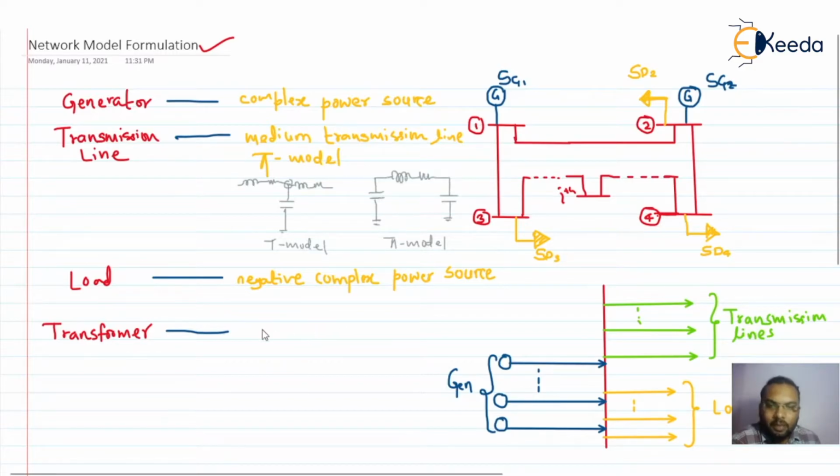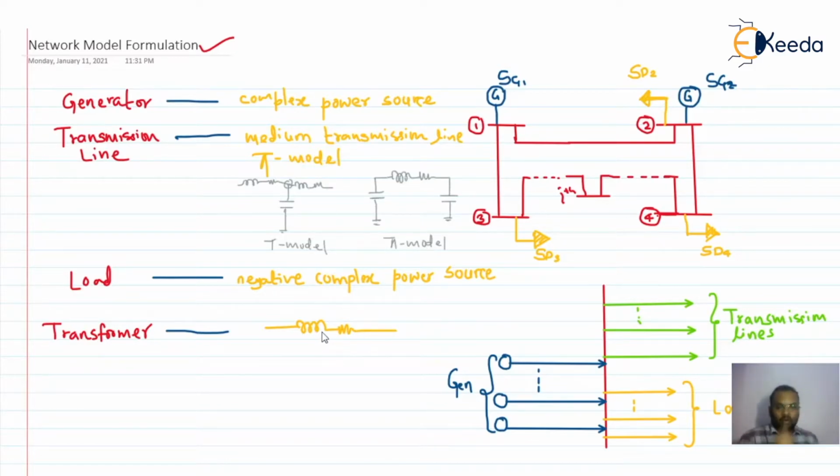It can be replaced by a simple series impedance. Sometimes we represent it only with a reactance because the value of the resistance compared to the reactance is very small. Sometimes it is represented with an impedance, or simply a series reactance. That's it.